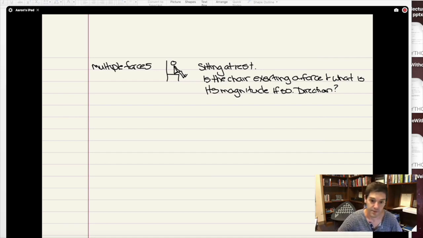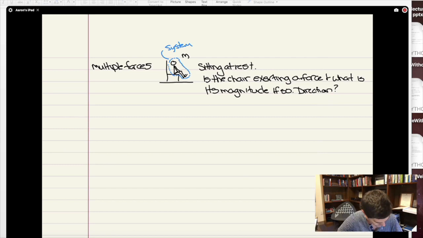All right, so again, what do we do? Free body diagram: start by identifying your system. Oh, and let's assume this person has some mass m. So I start by drawing my system. And I look for anything that's in contact with my system.